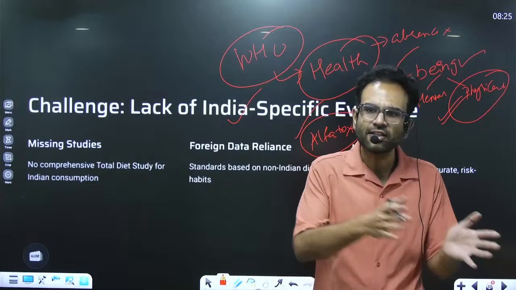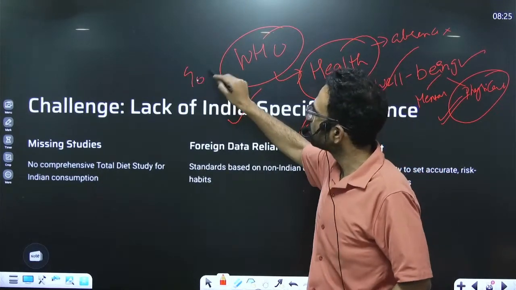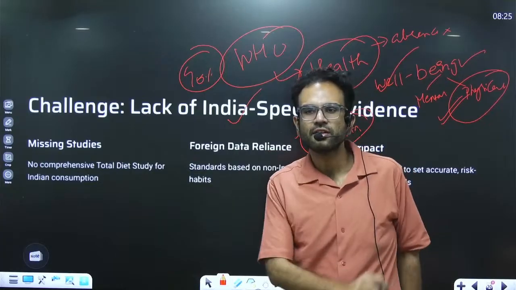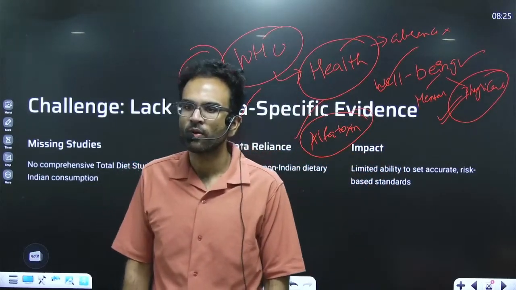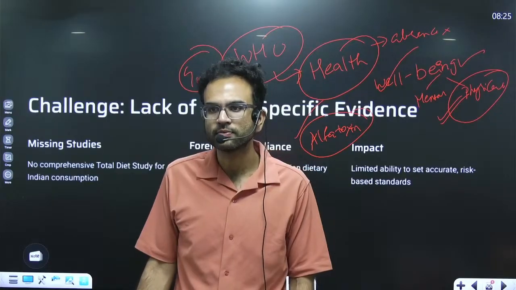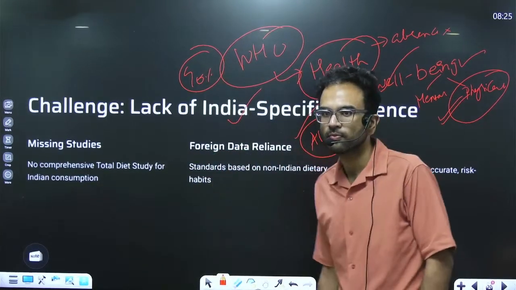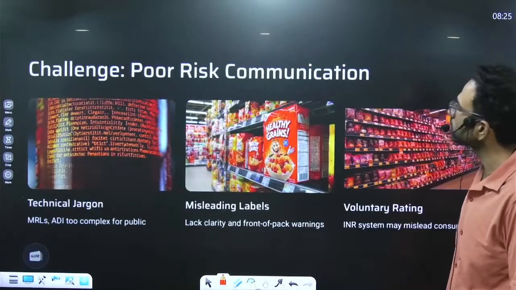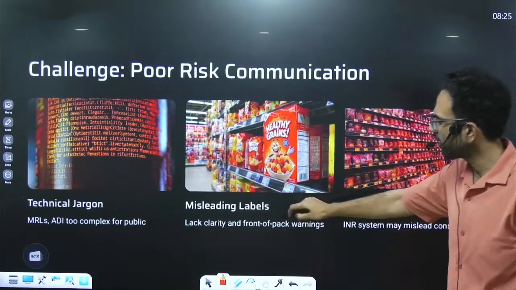And the actual focus is, when you're talking about food safety, 90% of the food and beverage industry is in the informal sector. How will you enforce standards there? That's a very big challenge that we need to address. So let's say, for example, there are misleading labels.